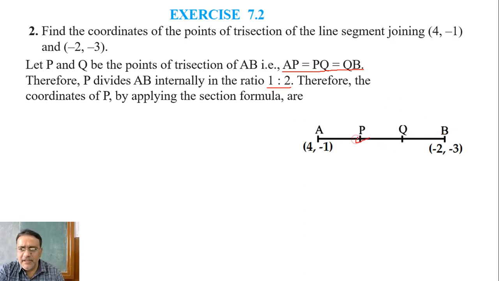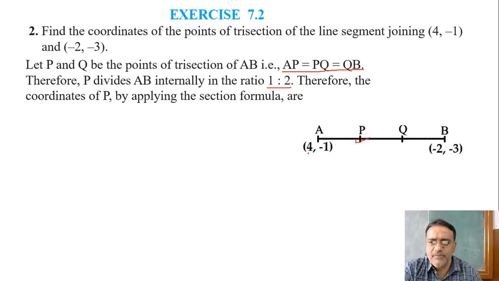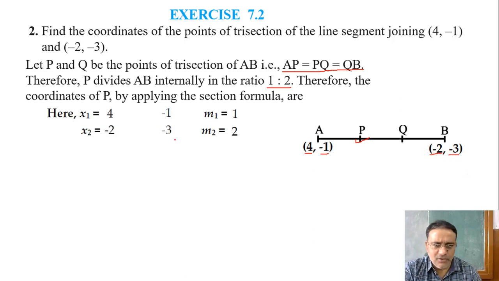Now for point P the ratio is 1:2, and what is x1 here? 4. y1, -1. x2, -2. y2, -3. Right, we will write all those values. Now we'll write the formula as we did in the previous question. m1 x2 plus m2 x1 upon m1 plus m2, m1 y2 plus m2 y1 upon m1 plus m2.